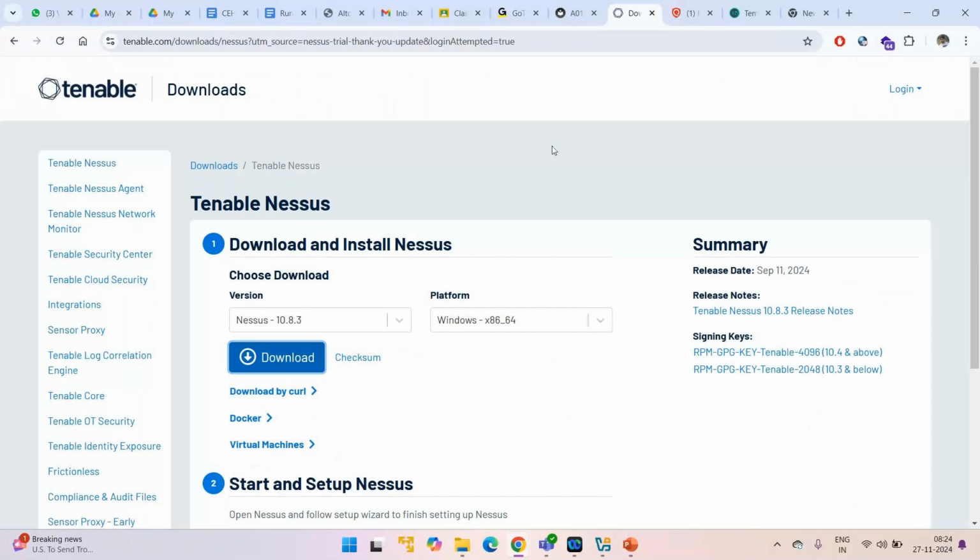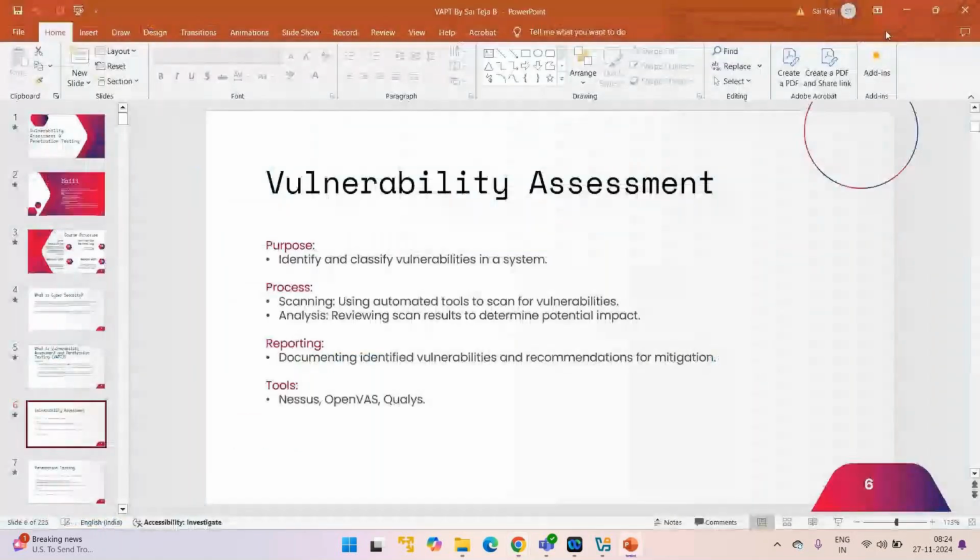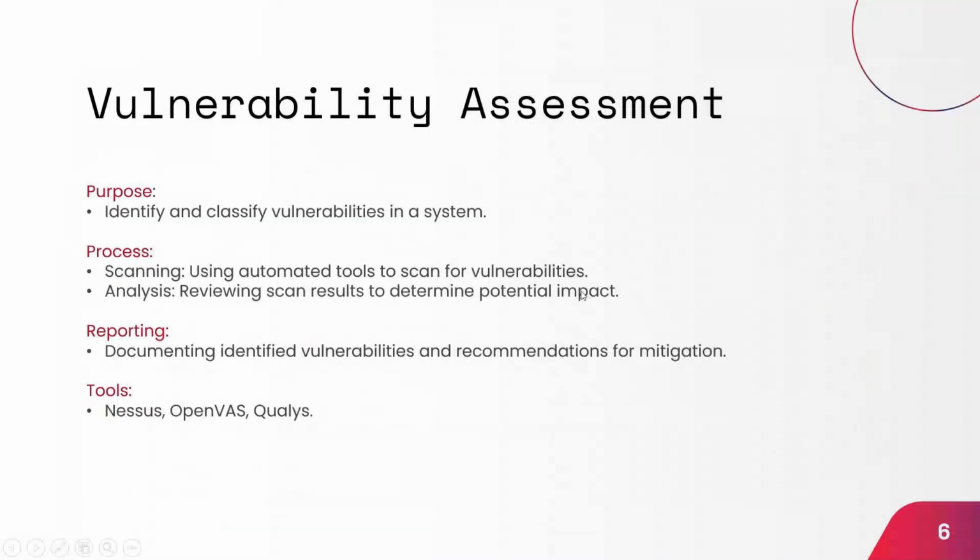So in every organization, we use Nessus and Qualys to perform vulnerability scans on the network, and we can also do vulnerability scans on the application. It's mostly giving the target asset and performing the scan to identify vulnerabilities.